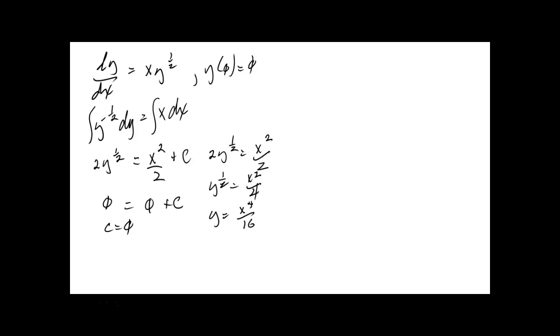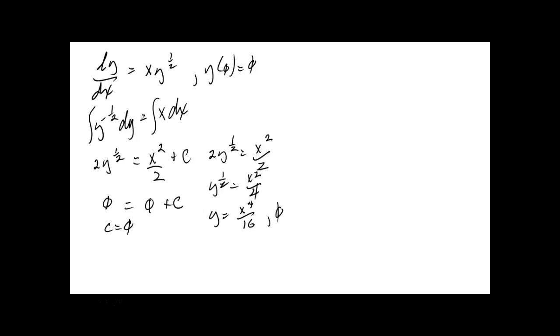X equals 0, y is equal to 0. That's certainly also going to be a solution, because 0 to the 1/2 is 0, and this would be 0. 0 is equal to 0. Yeah, that works too. So we do have two solutions, even though we only had a one-parameter system.